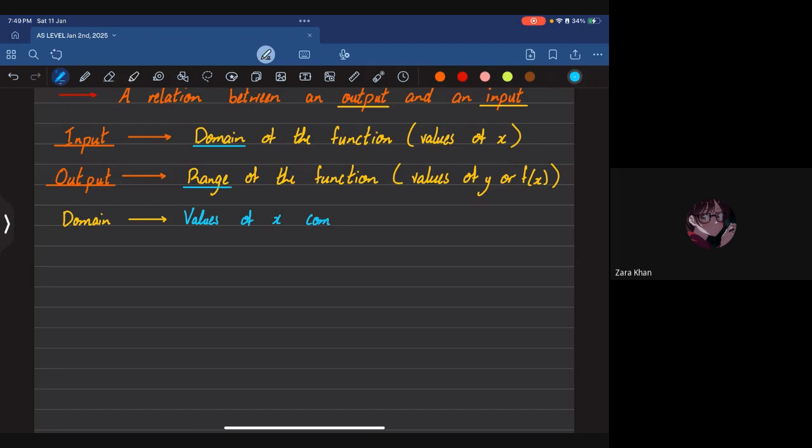So it's going to be values of x compatible as inputs to the function. Now, what do I mean by that?